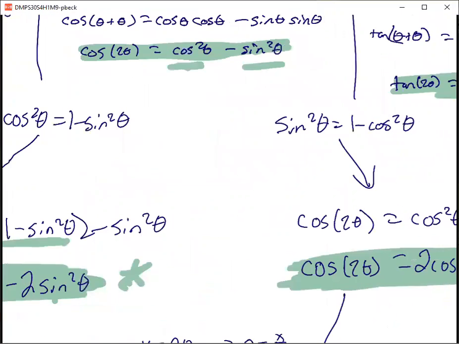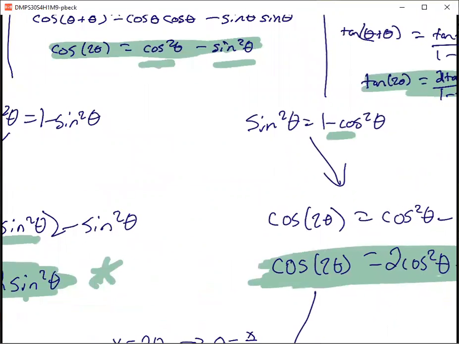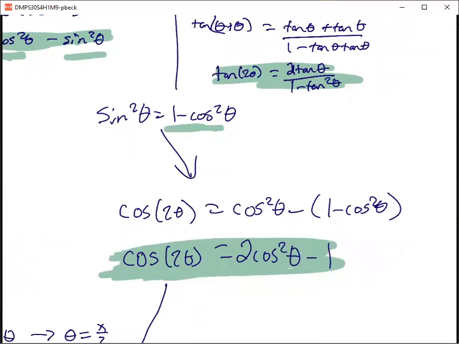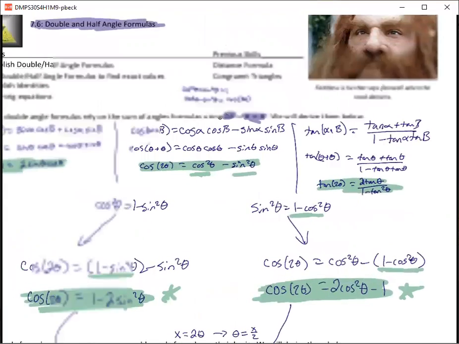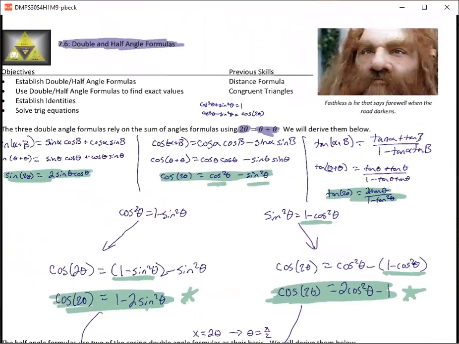And then we could do the same thing. We could replace the sine squared with 1 minus cosine squared, which is what I do here, and then simplify into the last of the double angle formulas for cosine. So everything highlighted here would be our double angle formulas for sine, cosine, and tangent. If we wanted to know the secant, cosecant, and cotangent, all we have to do is reciprocate each one of these.